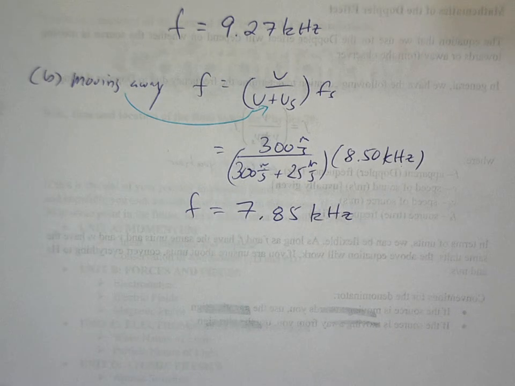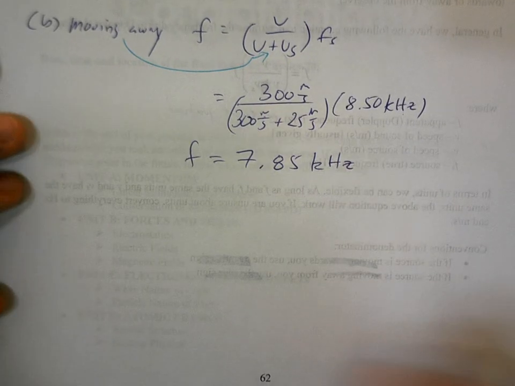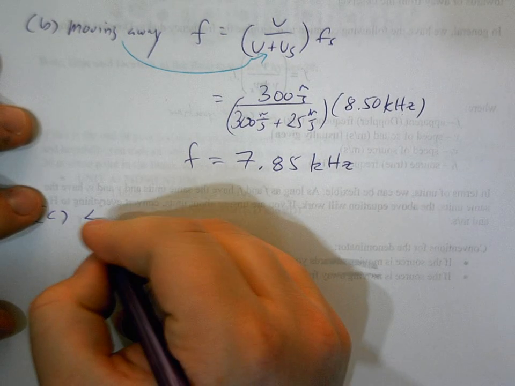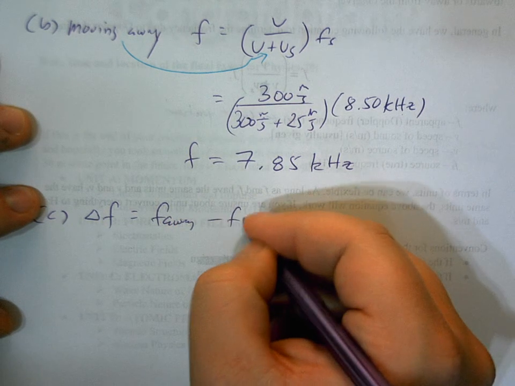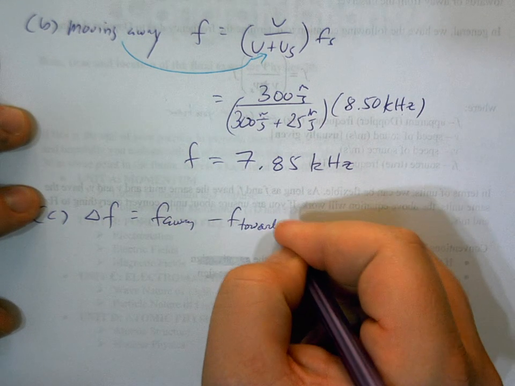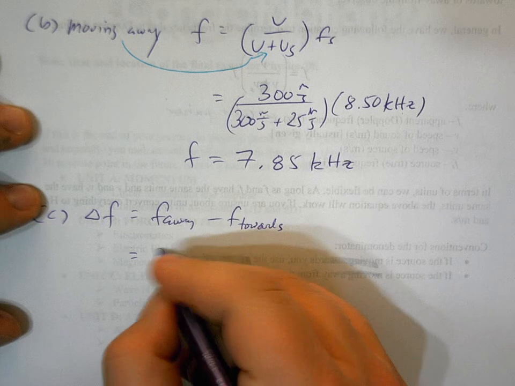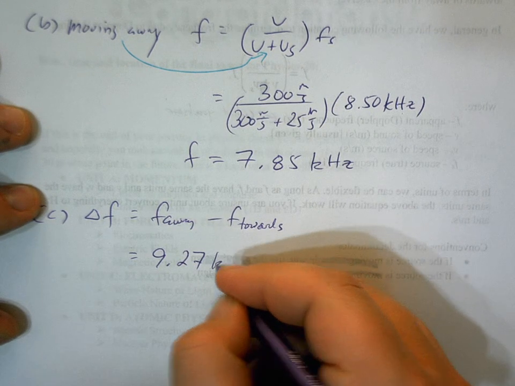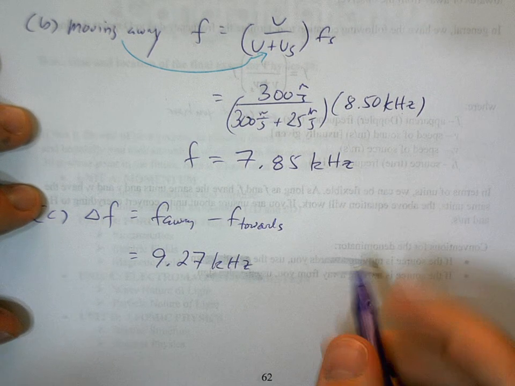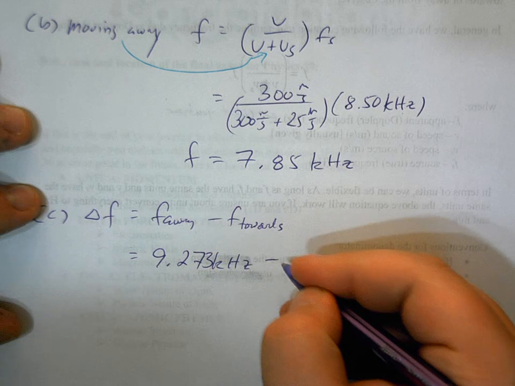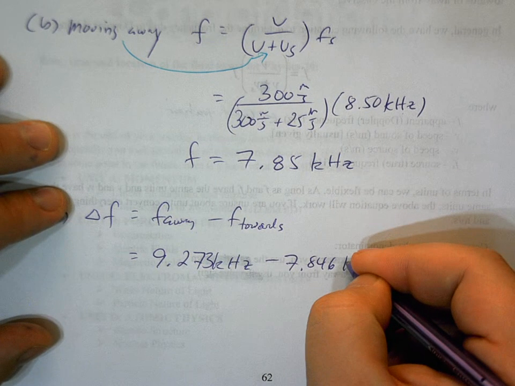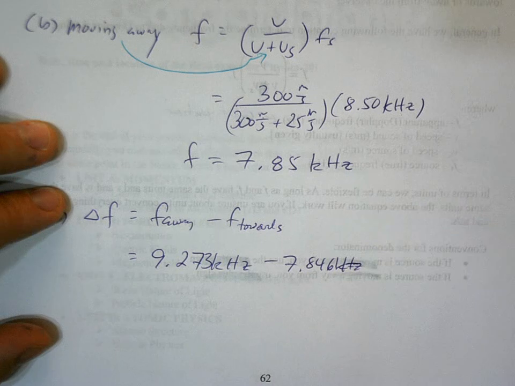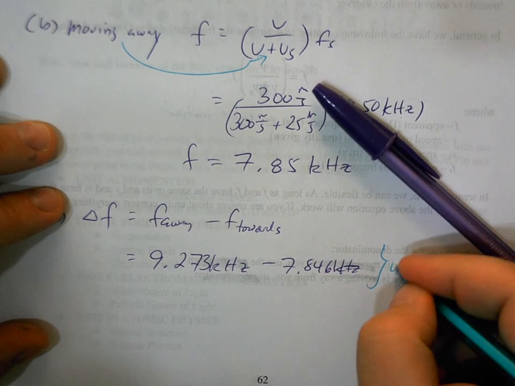We're happy with that. So then the final thing is we want to see what's that change in frequency. So we're just going to find the frequency of away minus the frequency of towards. Now, I'm going to use all the extra digits in my calculator to calculate this. So I'm going to have like 9.273 minus 7.846. So I'm using my unrounded values here.